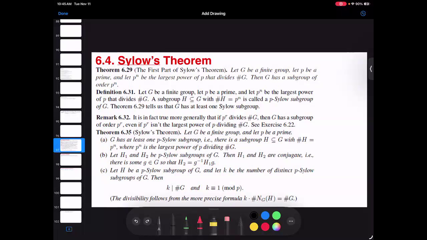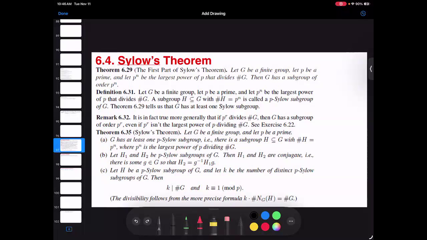The next part of Sylow's theorem, theorem 6.35, actually quantifies just how many there are. I'm not going to go through this in detail. I think you have one homework problem where I want you to make sure that you can use something like this. I will not be putting a Sylow theorem on the exam, but I will have it as a homework problem.